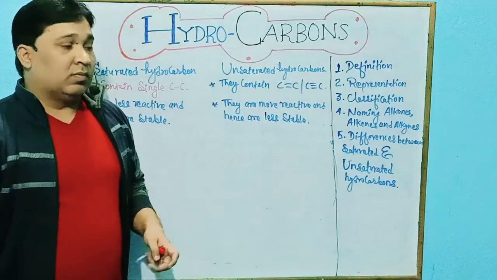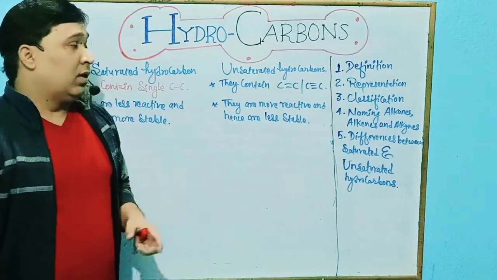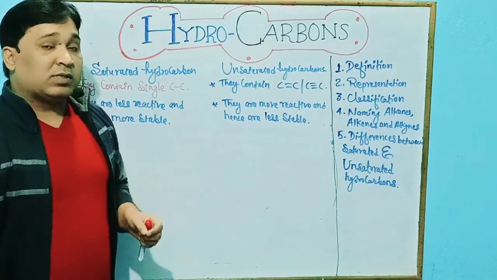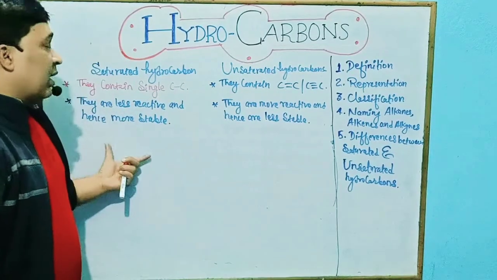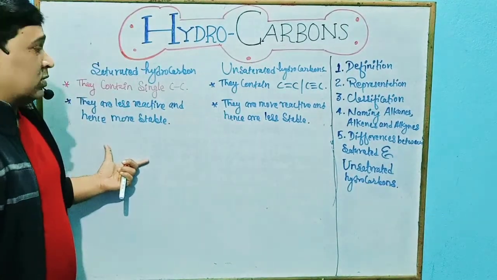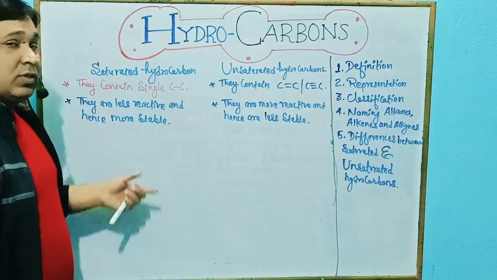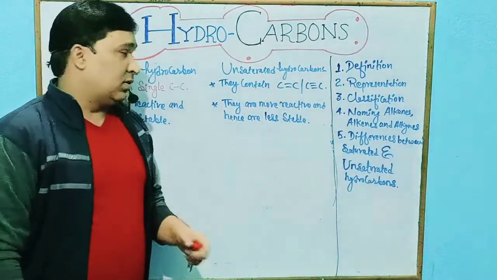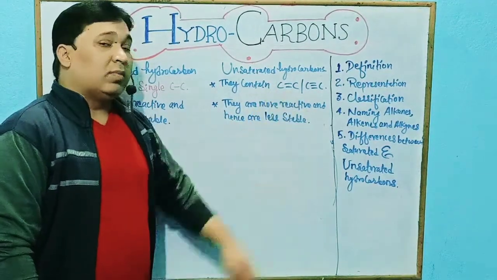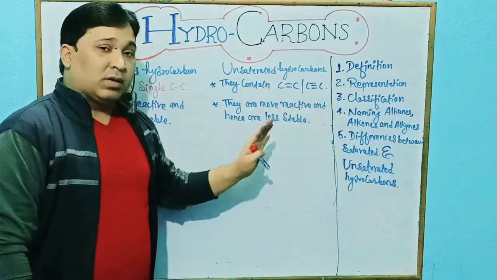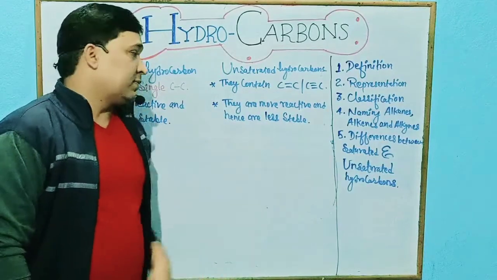We have discussed the stability of bonds, right? A single covalent bond is more stable as compared to a double and triple covalent bond. So saturated hydrocarbons contain single C-C bond, so they are more stable, and the compounds which are more stable are less reactive. Whereas unsaturated hydrocarbons contain double and triple bonds, so the bond strength is weak, hence they are more reactive.